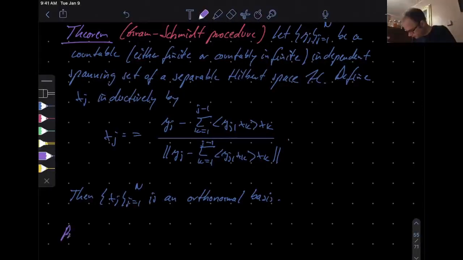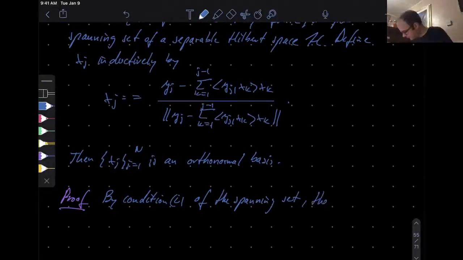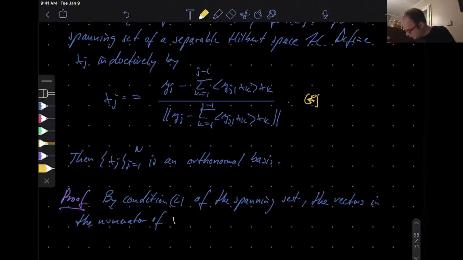Well, first, by condition 1 of the spanning set in the previous proposition, we noticed that the vector in the numerator of the yellow star is non-zero.